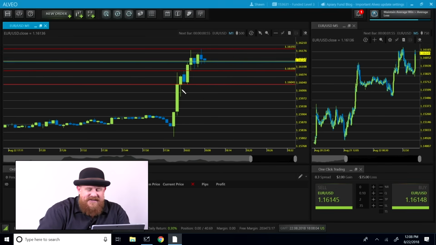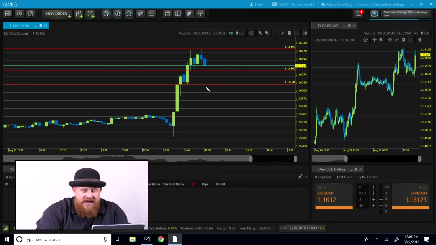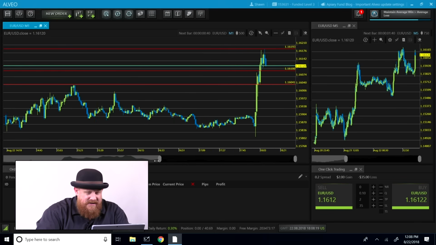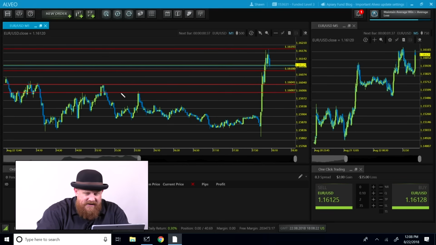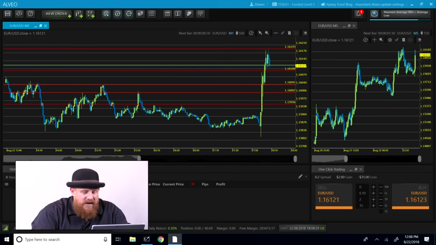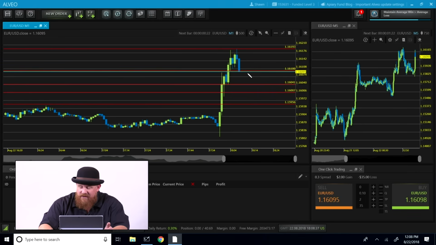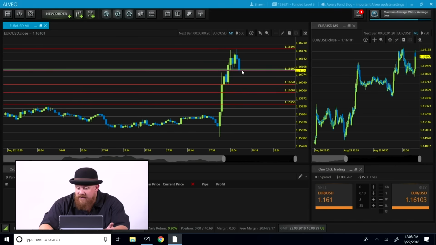You can see right here I've drawn a couple of layers: a resistance layer above the current price, a support layer below it, and another layer below that. We can start setting up even more layers down the price chart. The best thing to do is, if you're above a layer, then stops ought to go below your layer.